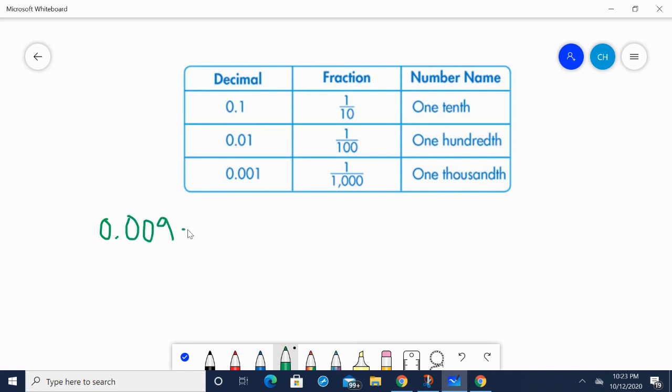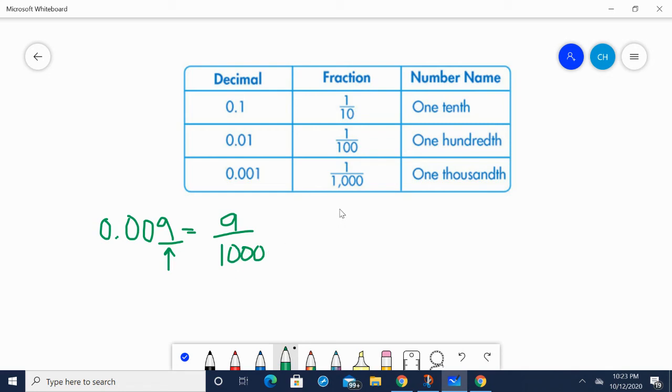I'm going to read that the correct way in my head, and I'm going to say, well, there's just a 9 there, and that 9 falls in the thousandths place. And I'm going to think that is 9 thousandths. So I know that I need to have 1,000 in my denominator. Same number, 9 thousandths.